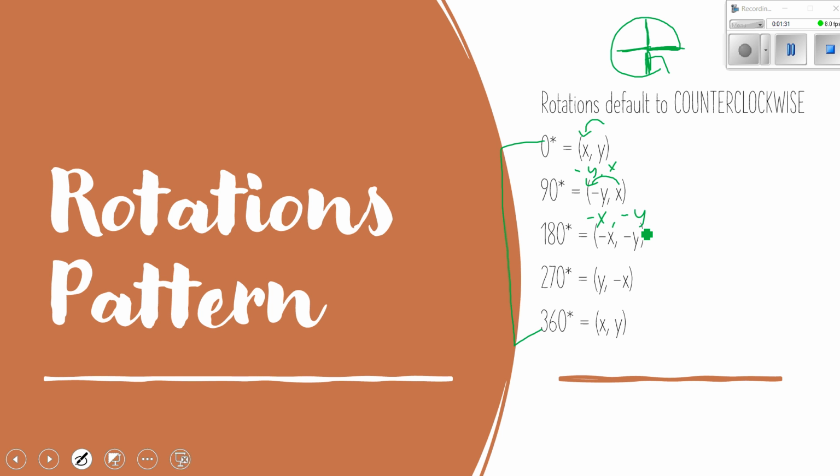Same thing for 180. If you move the back one to the front and change the sign, it turns into a positive y, and you still have negative x. And lastly, moving the back one to the front, changing the sign turns it into positive x comma y. So anytime you struggle with the formula, just remember every 90-degree addition, you move the back part to the front and change its sign.